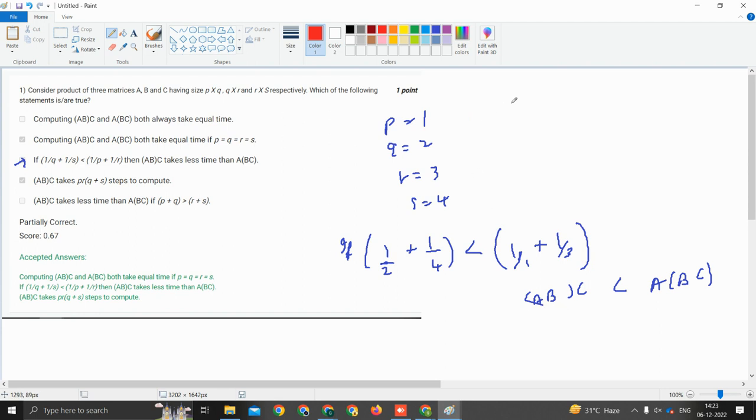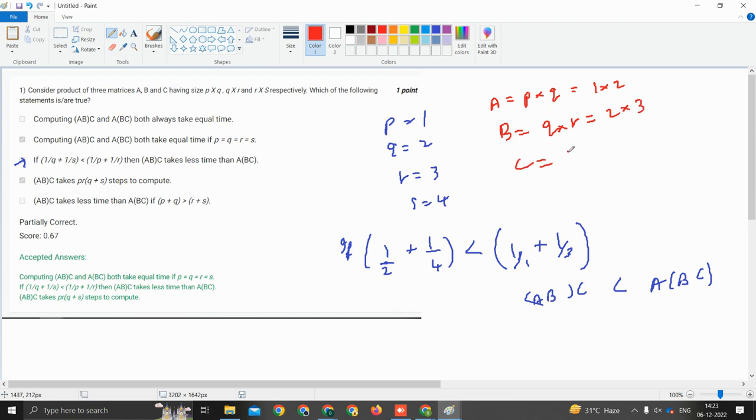First we need to write the A matrix. A matrix is P cross Q, which is 1 cross 2. B matrix is Q cross R, 2 cross 3.